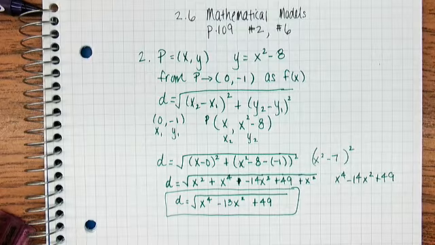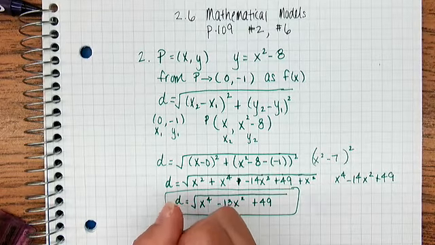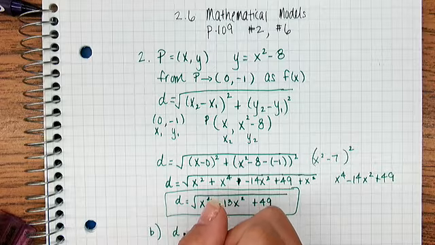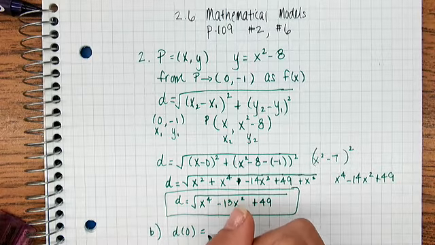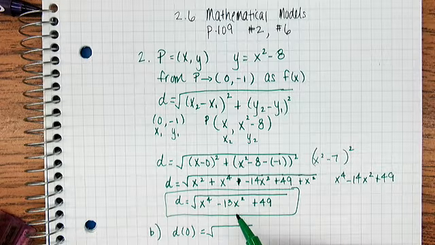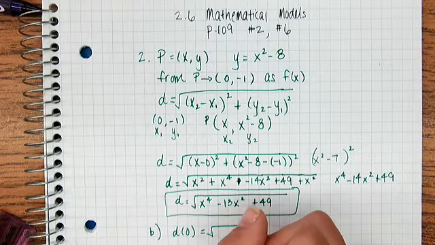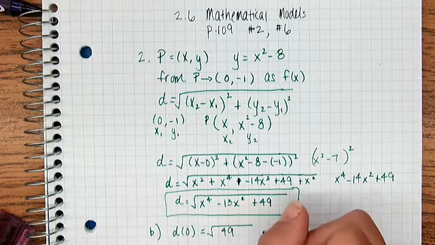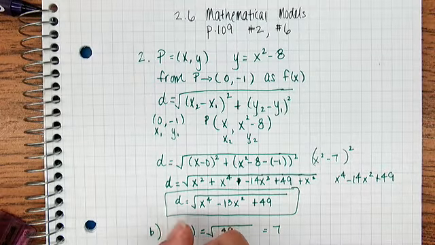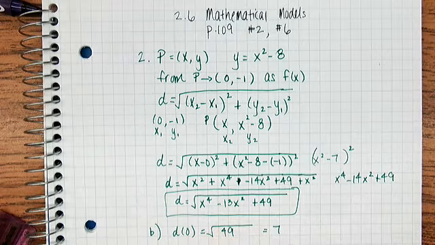Part B says, what is the distance if x is 0? So we're going to just plug in 0. Zero to the 4th minus 13 times 0 squared plus 49 is square root of 49, which is 7. And part C asks you to find the distance if x is negative 1.